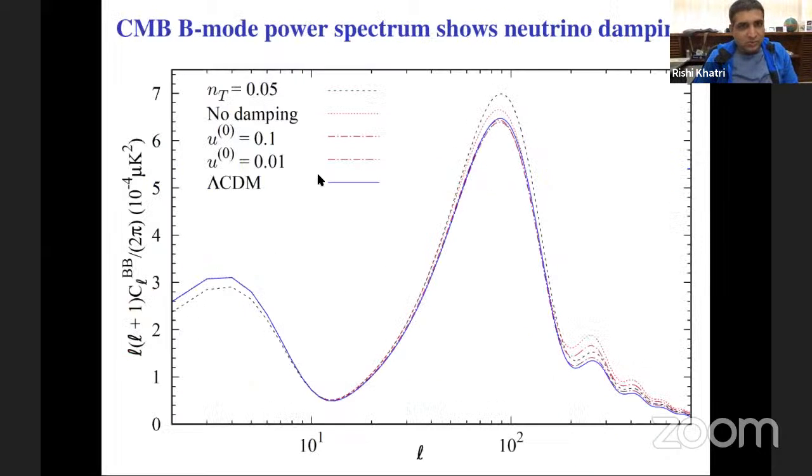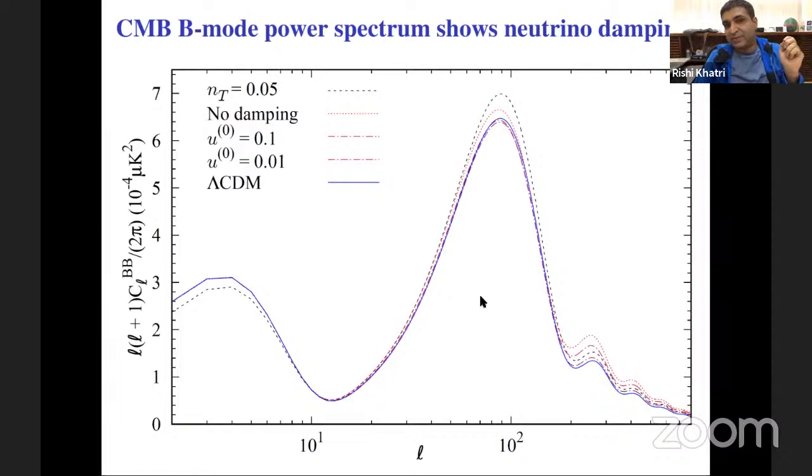And just to show you, I have brought the CMB BB mode power spectra here. The solid blue curve is the lambda CDM model. And the dotted red line is if there is no damping. I have stopped the neutrinos from free streaming by modifying the Boltzmann equations, and you see that there's an enhancement in power.